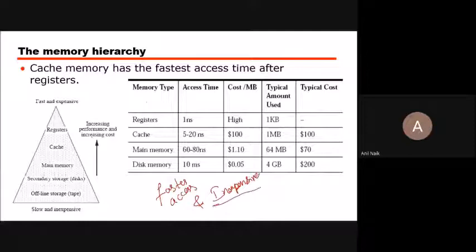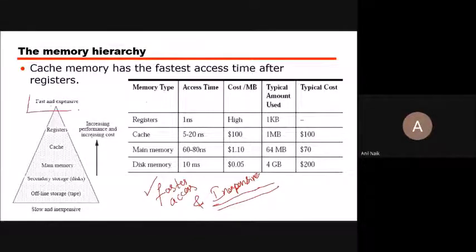But for this, we need to use some memory techniques to get the data faster, and also it should be less costly. Faster access means the response time, how you get the data.